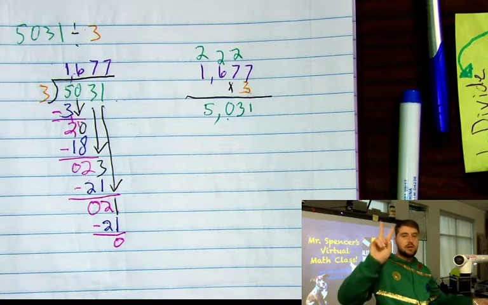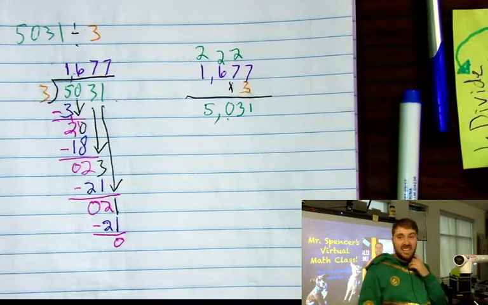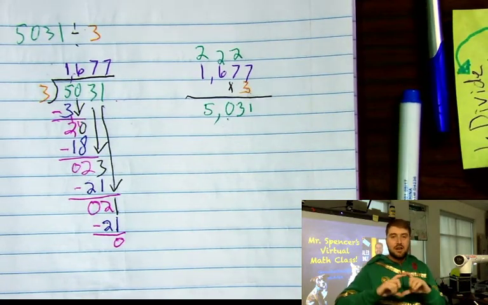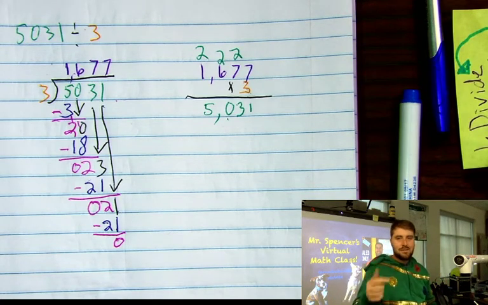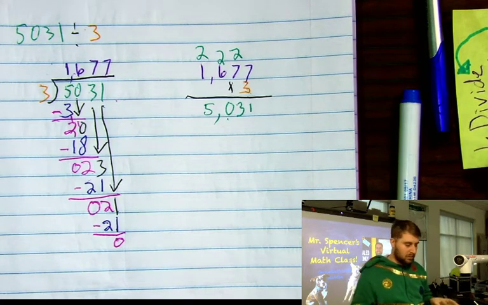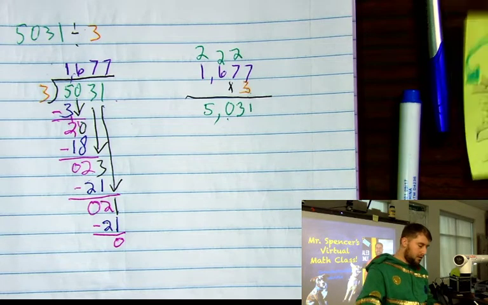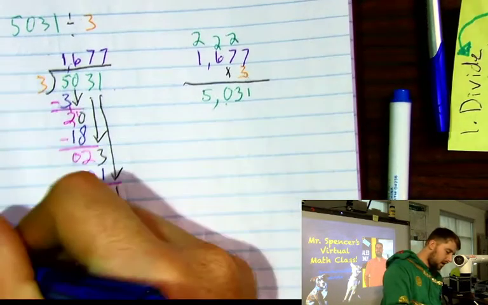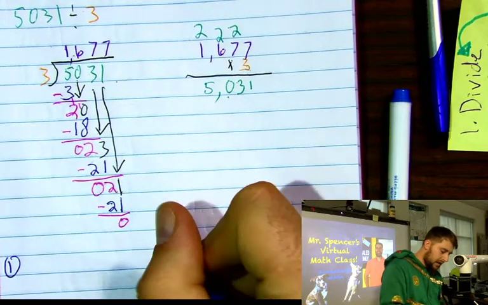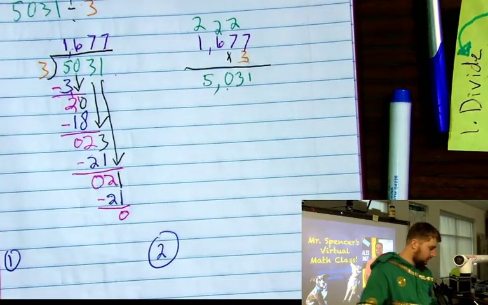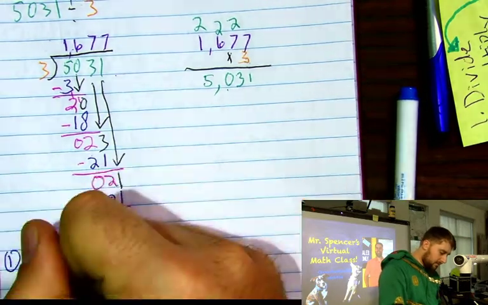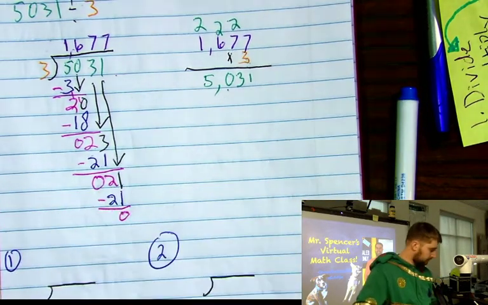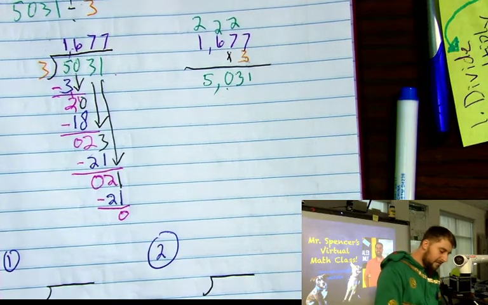Y'all, I'm going to give you 2 exit ticket problems. The link to the exit ticket is in our Schoology page for Monday, December 14th. You can find it right below this video if you're watching this video in Schoology. Our 2 practice problems, they are 1 and 2. Let me get them written down here for us. They are both dividing by 5.